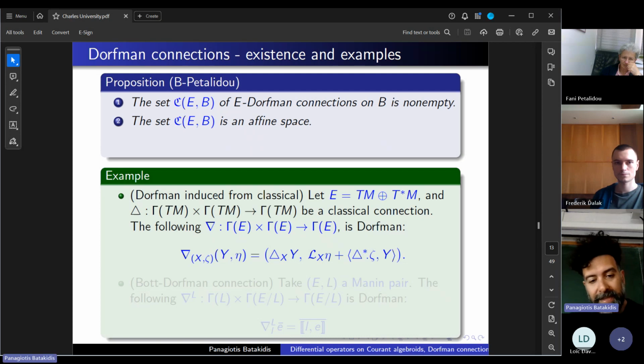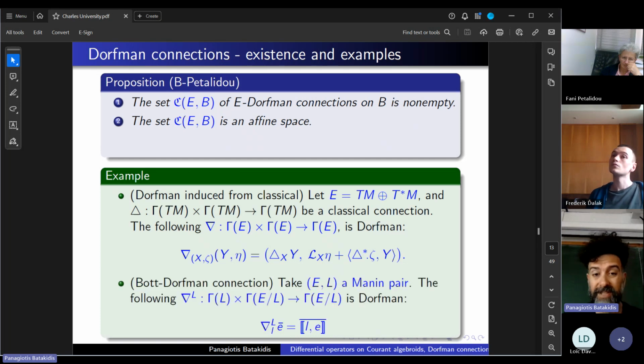But the next not so trivial but also very motivating example is what people call the Bott-Dorfman connection. This is interesting because, okay, I'll just talk about the example and then tell you why it's interesting. So a Manin pair, as we said, is a pair of a Courant algebroid E and a Dirac structure.